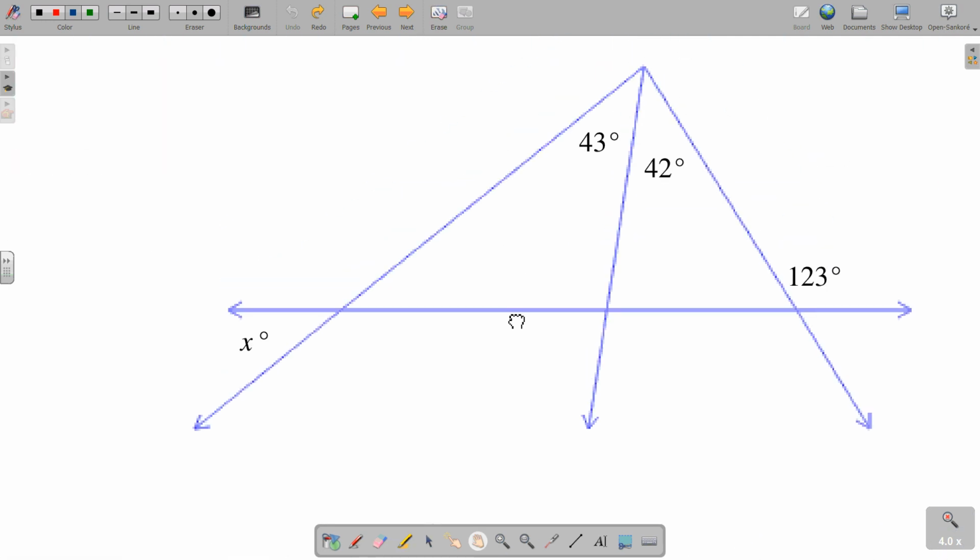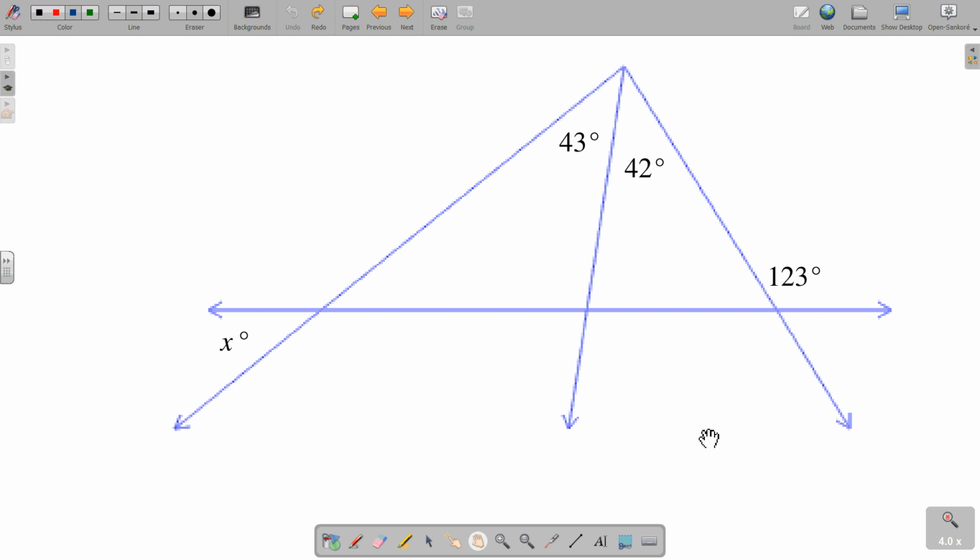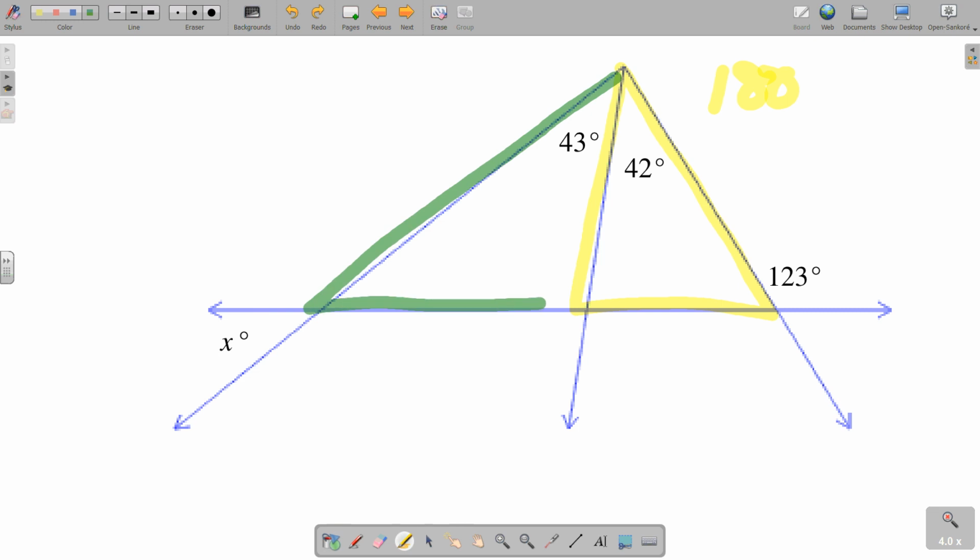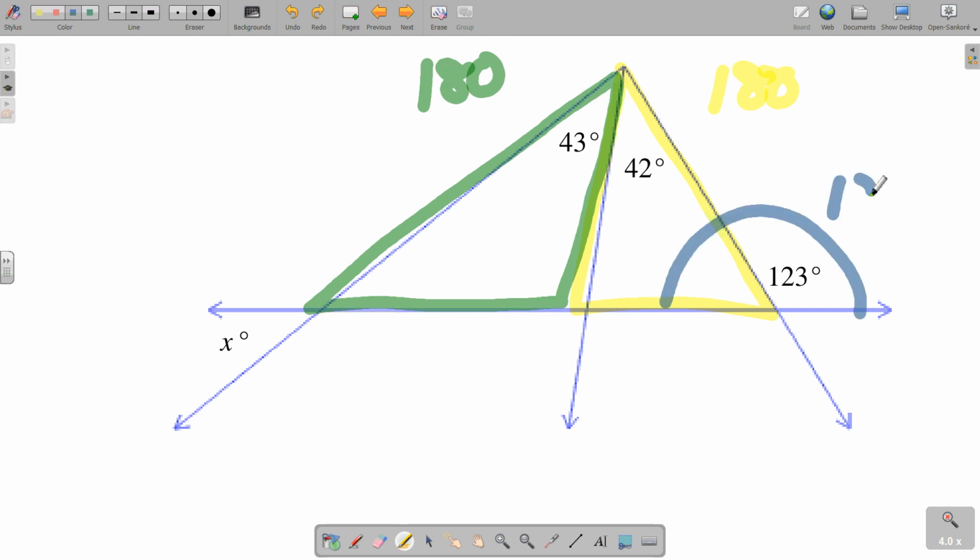23, I'd like you to do on your own. Now that you're getting more confident, keep in mind, and let me just trace this with you, that the yellow has to add up to 180. Green must add up to 180. Sweep the blue. That blue has to add up to 180.